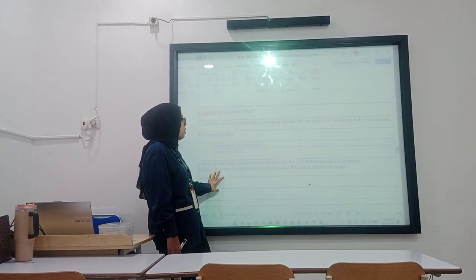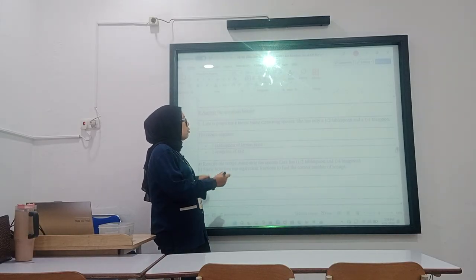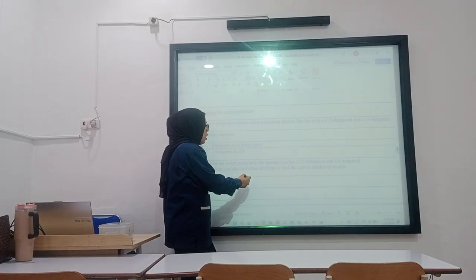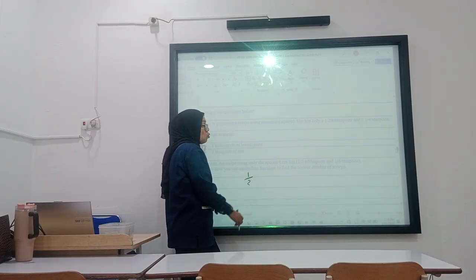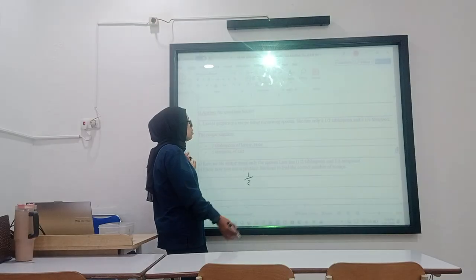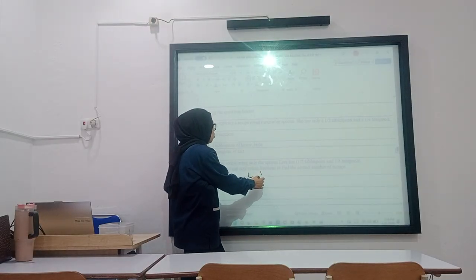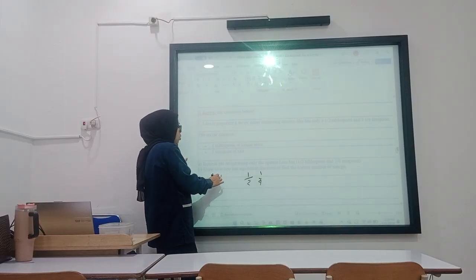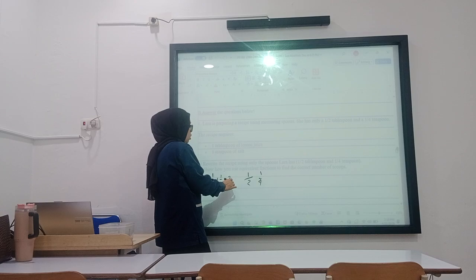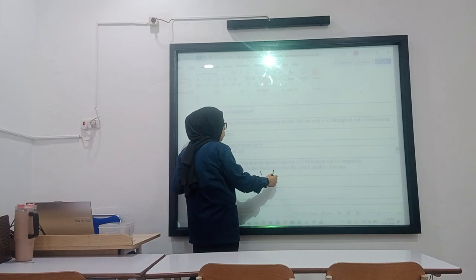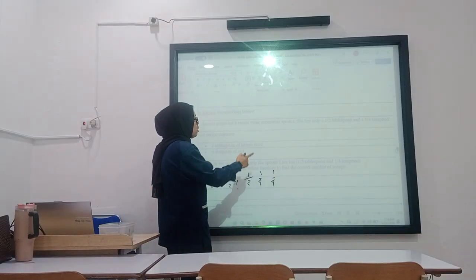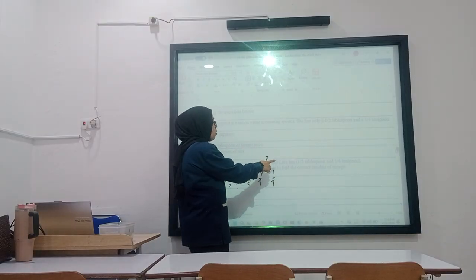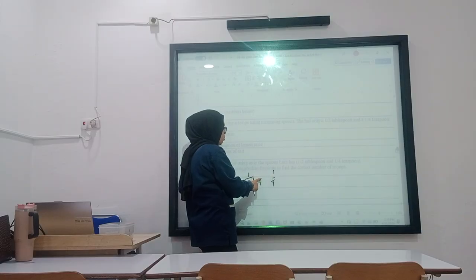So for this answer, rewrite the recipe. We have to make 1/2 two times. So 1/2 plus 1/2 becomes 2/2, which is equal to 1 tablespoon. And this 1/4, we make it 4 times.